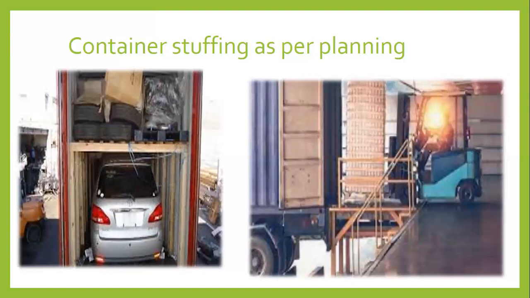If we stuff the wrong cargo in the container, it will be a problem. For example, we have booked the container for Bangladesh and we have stuffed cargo of China in that container. Then this cargo of China will go to Bangladesh. So we have to match the planning with the booking we receive from the shipping line.